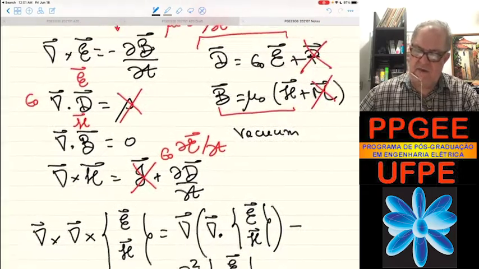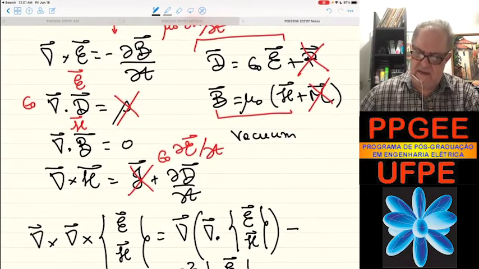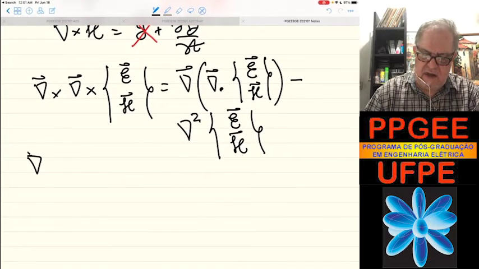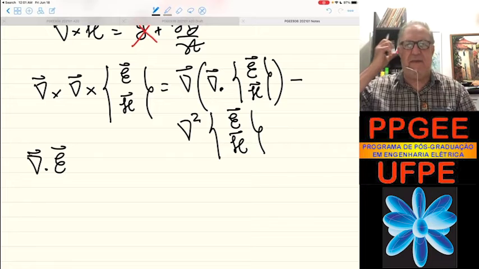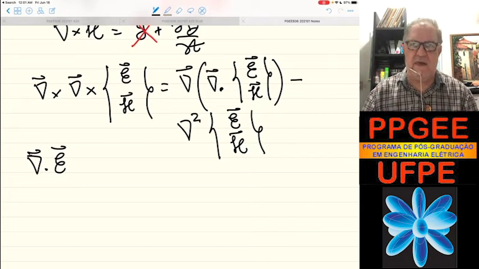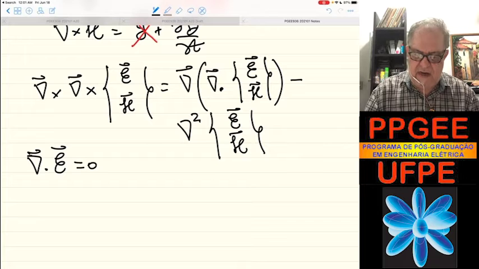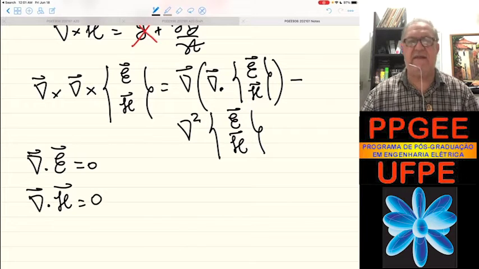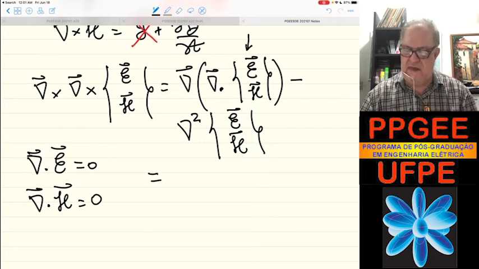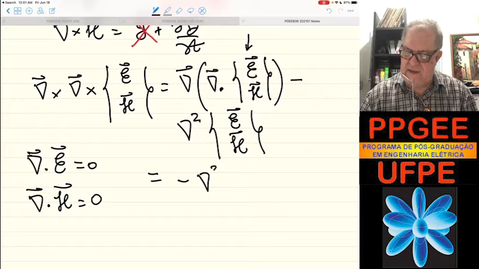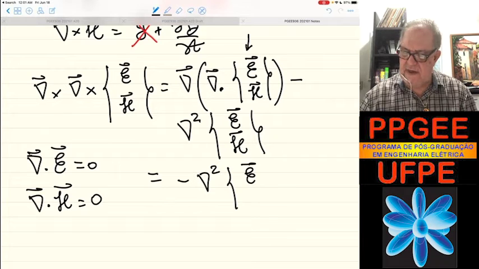Then we have equations for the divergence of E, which is divergence of D, which becomes divergence of epsilon 0 E, so divergence of E is 0. And divergence of H is the same as divergence of B, because they are a copy of each other, is 0. So this term goes to 0. So the curl of the curl gives minus Laplacian of E or H.